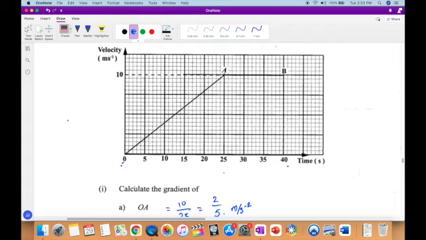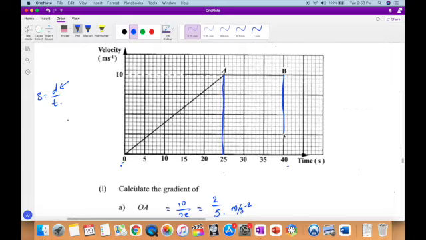And we have to know that average speed is distance over time. The problem is that we have a velocity time graph. It's not a distance time graph, so we do have distance, but we can get distance from a velocity time graph, and the distance will be the area under the graph.